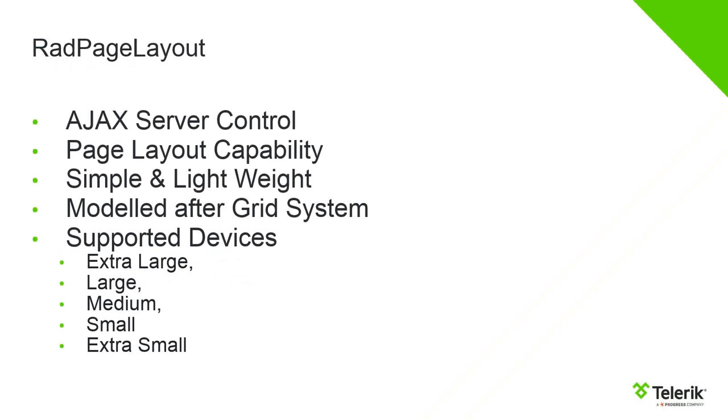Span means how many virtual columns should I use. As I said, it's a virtual grid system, and the virtual grid has 12 columns, and I can say, hey, I want a column which spans one column, or a column which spans 3 columns. And maybe when I'm on a small screen, I don't want to see the sidebar.